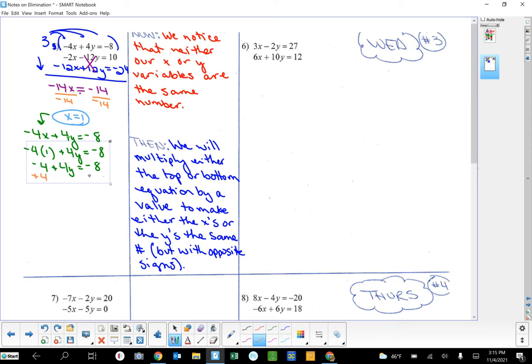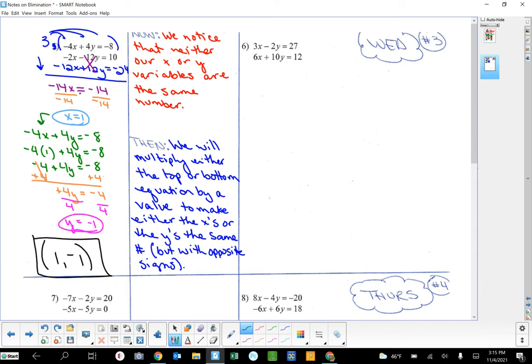Do the opposite. Cancel those. And then I'm going to divide, and my y is going to equal negative 1. And remember, we're always writing these as an ordered pair: 1, negative 1. And that's my answer.